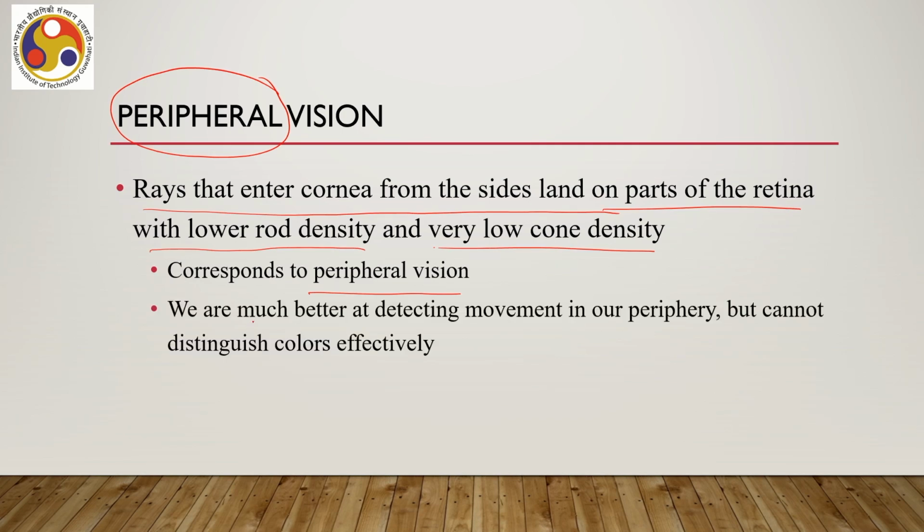We are much better at detecting movement in our periphery, but cannot distinguish colors effectively. That is a very interesting thing. When we try to detect movement, peripheral vision is better than central vision. However, peripheral vision does not give us color perception.